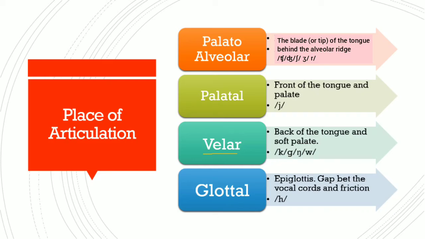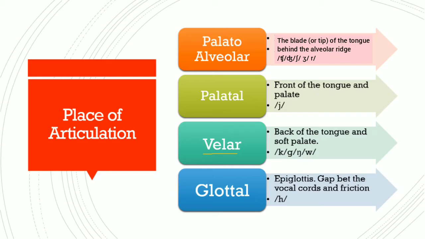Mind you, I have to tell you also that apart from being velar, there is a discussion about the wa sound. Some authors consider wa as a bilabial sound, and some others consider it a velar sound. Why?